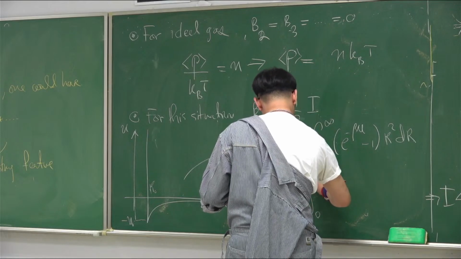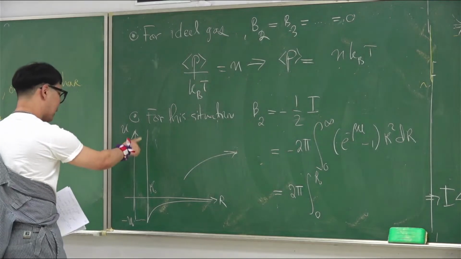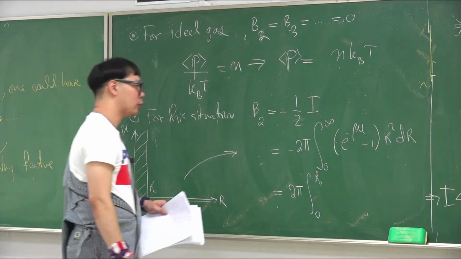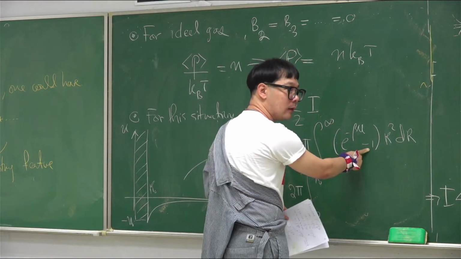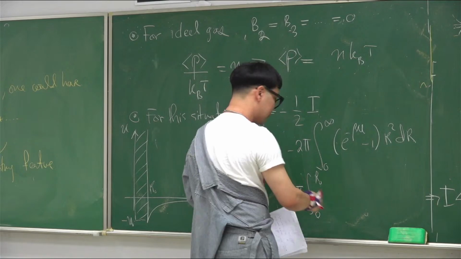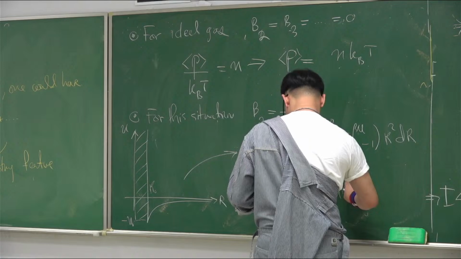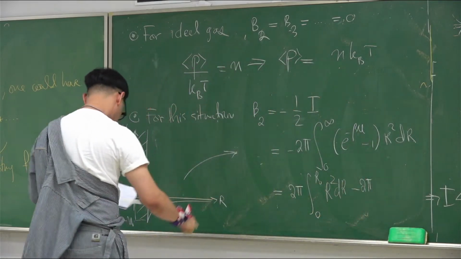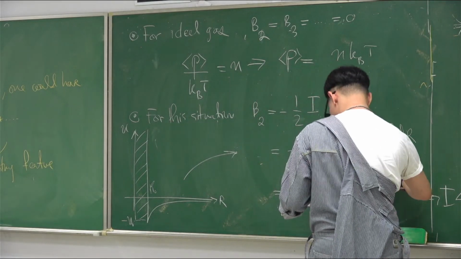You integrate from 0 to R0, but on this shaded area your u is infinity, then it's left only minus 1, and then you get plus 1. Okay? And then here you get what you have from R0 to infinity.